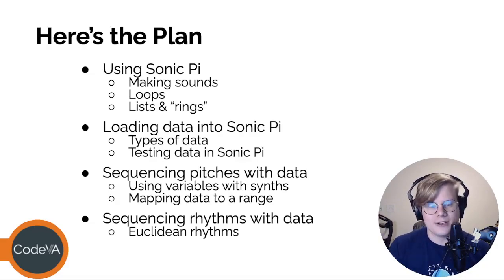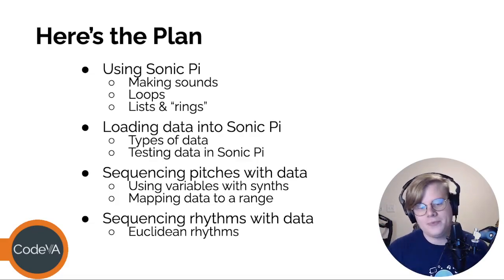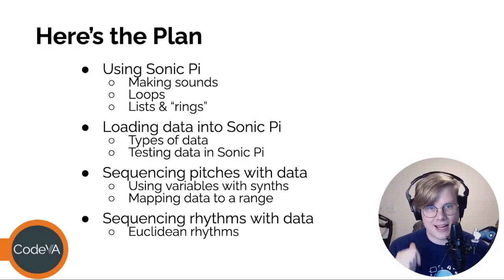It's going to be 4 different little videos. One's just going to be the basics of using Sonic Pi, not worrying about data yet. And then we'll talk about loading data into Sonic Pi and testing it out and making sure it's working. And then 2 different musical techniques, creating melodies and bass lines, sequencing pitches with data, and sequencing rhythms with data. So both of those things are going to be important if you're interested in making music based on a data set.